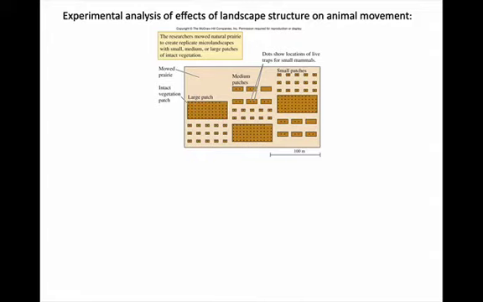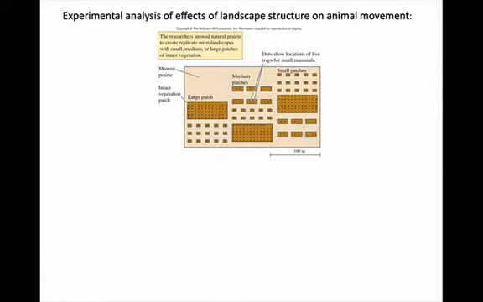So here's an experimental analysis of how fragmented landscapes affect animal movements. Here's an experiment by someone I know, a friend of mine at the University of Colorado, who mowed patches of prairie into different shapes.